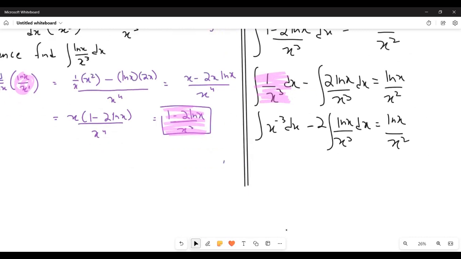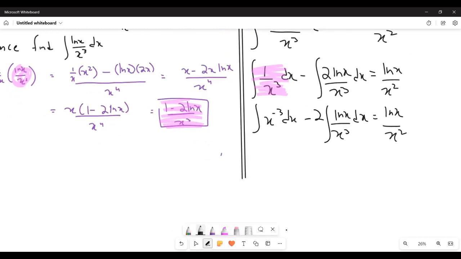So integration of x to the power minus 3: the power gets added by 1, so minus 2 upon minus 2. Then minus 2 integration of ln x upon x cube dx equals ln x upon x squared.